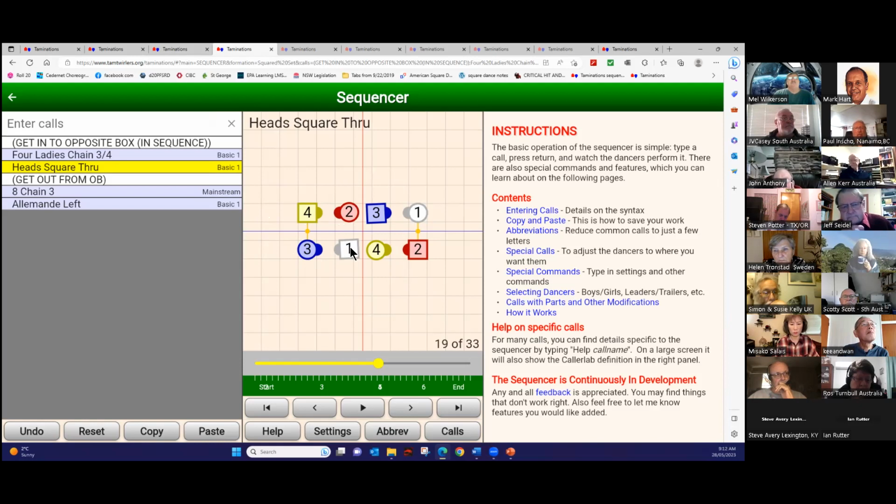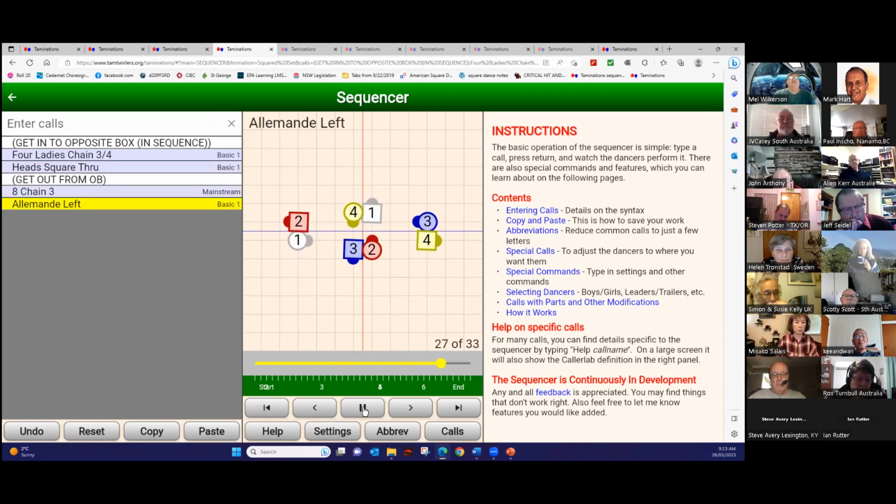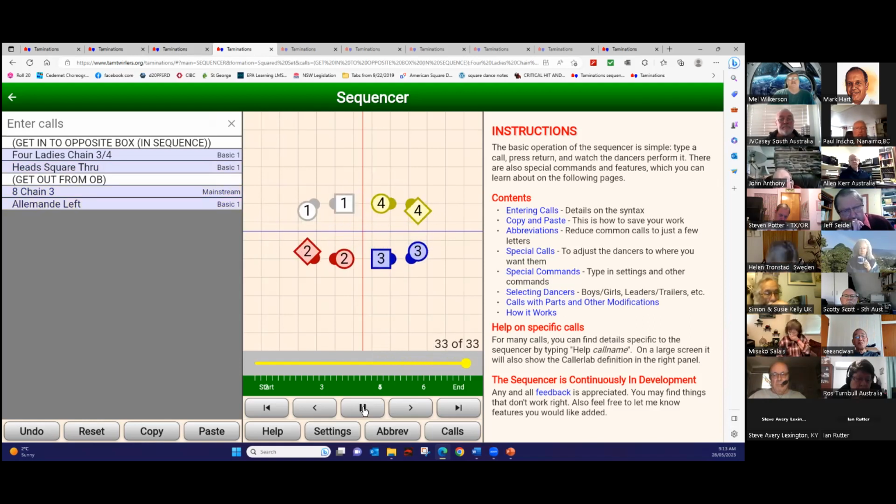They're all in sequence, and they're all looking at their opposites. And a standard get-out: eight chain three, 1, 2, allemande left, and promenade home. And it's a little shorter promenade. So your get-ins and your get-outs you can mix and match pretty much anywhere.